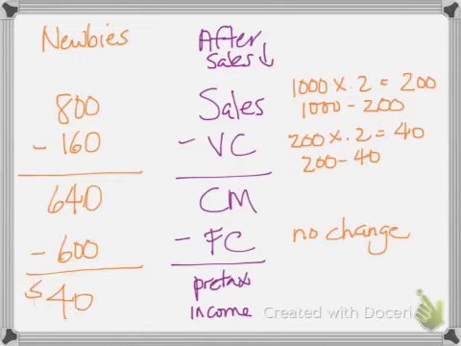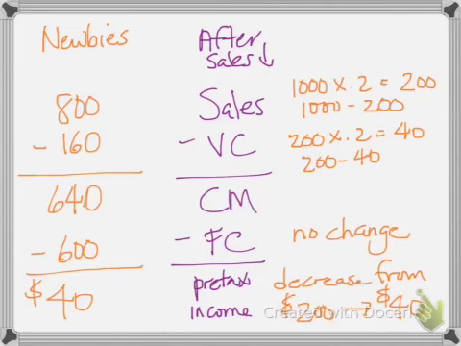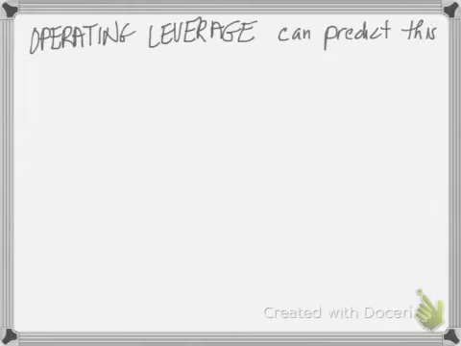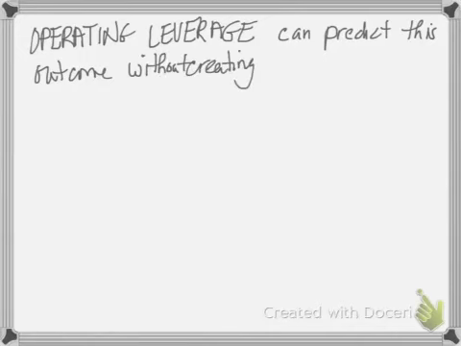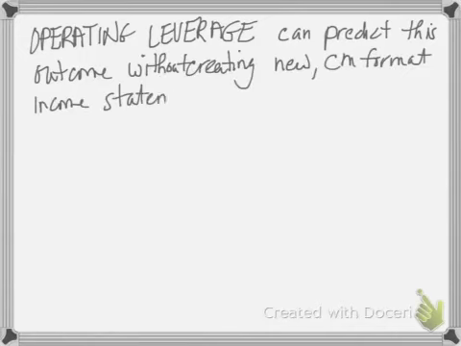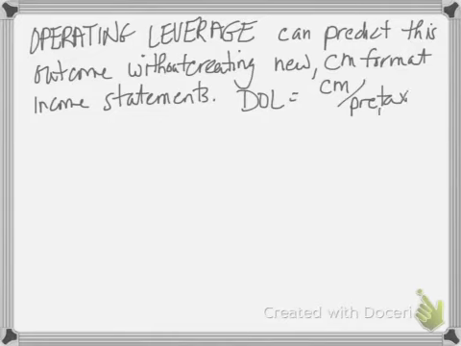Their fixed costs are $600, and they stay at $600 because, again, that's why they're fixed. They don't change with the level of output, and so their profit drops fairly dramatically, all the way down to $40. Operating leverage, had we computed that up front, could have helped us predict this outcome without creating the new contribution margin format income statements.